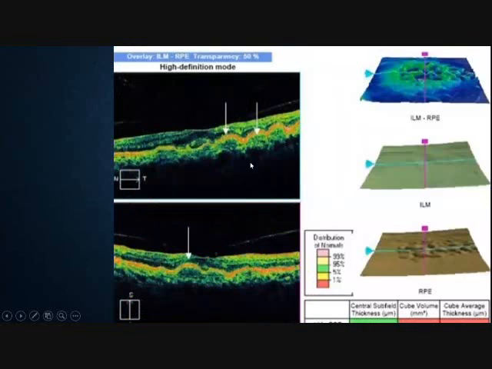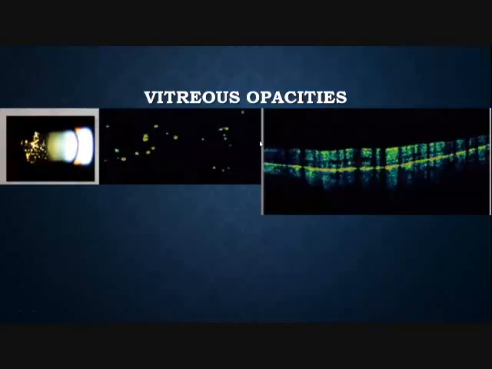These are undulations in the RPE, and this is because of the deposits at the sub-RPE level. These are drusen, deposits of lipids, proteins, and mucopolysaccharides which are present in Bruch's membrane below the RPE, and this gives rise to a nodular appearance of the RPE.